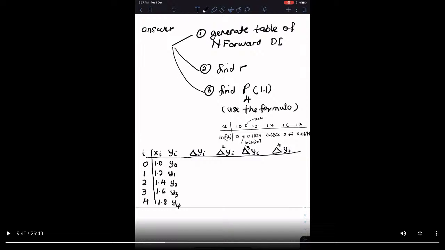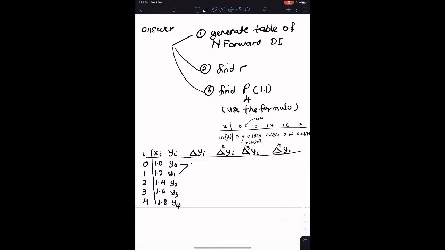For Newton forward, be careful. We want to find delta y naught, delta order 2 y naught, order 3 y naught, order 4 y naught. We want to concentrate on the values of the first row.